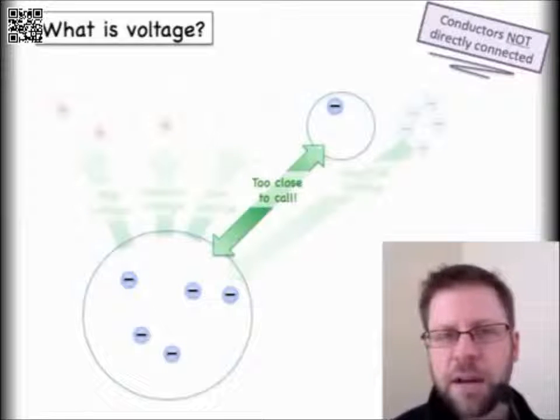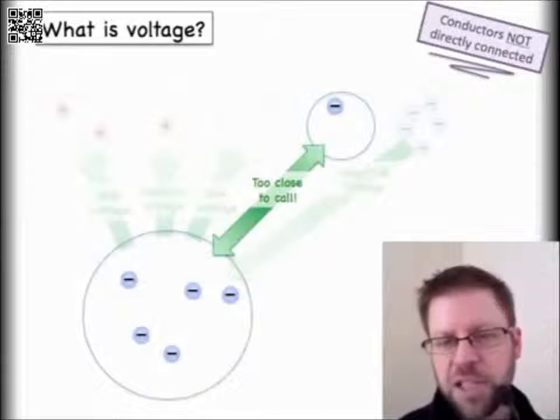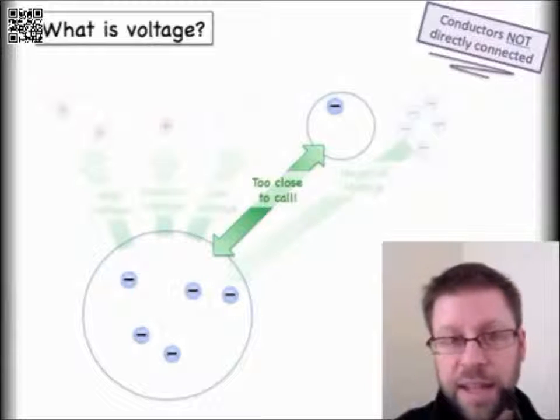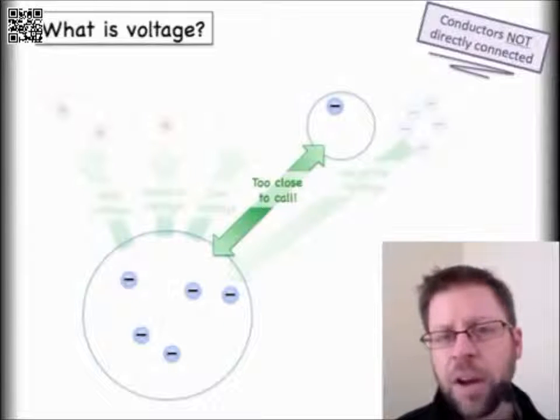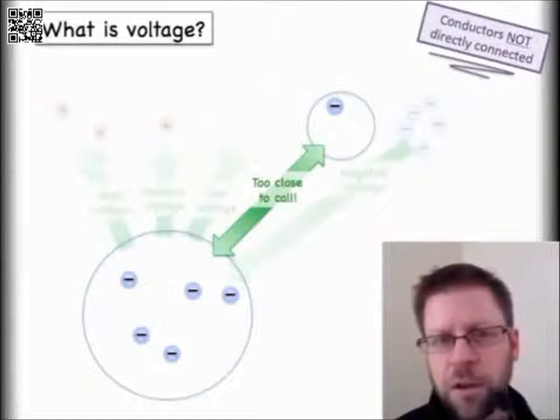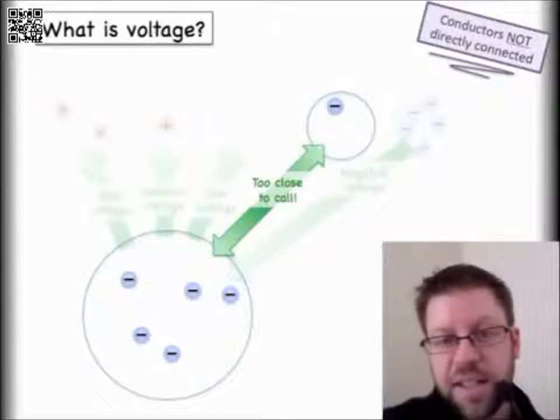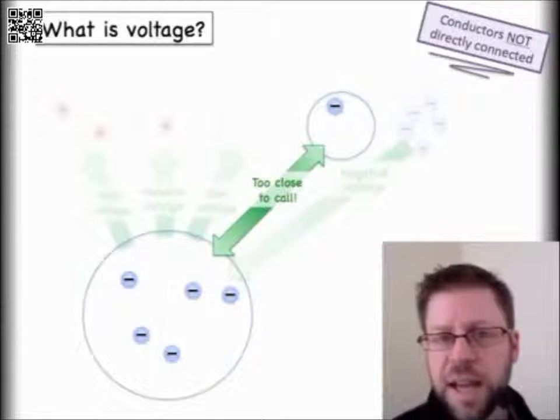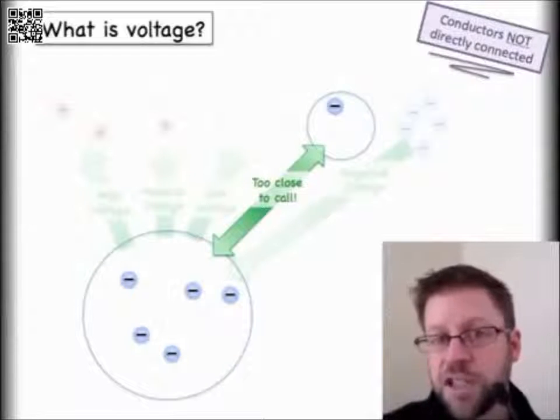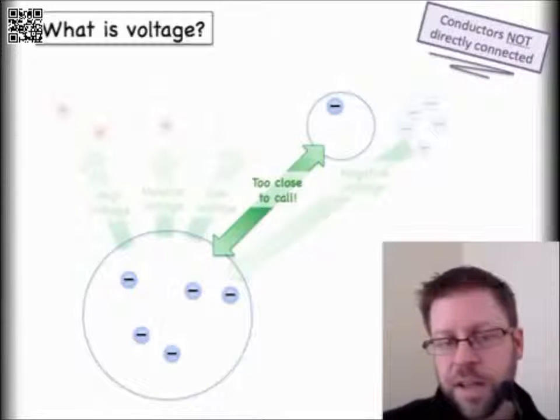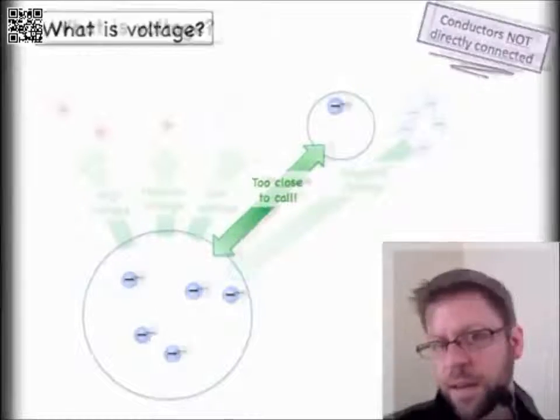I look at this diagram and it's difficult for me to make a judgment about where would an electron rather be. However, I can hook up something called a voltmeter, and I could just test these two different locations, and I would read a voltage if there was a desire for electrons to be on one side versus the other.